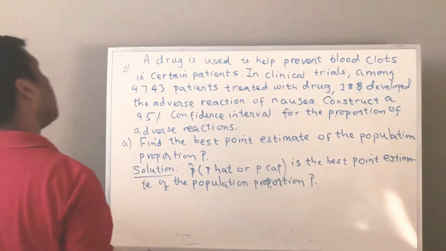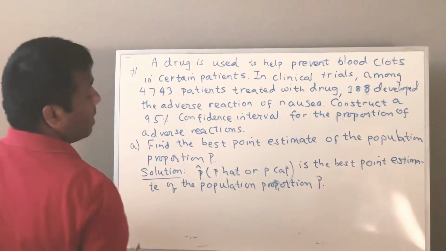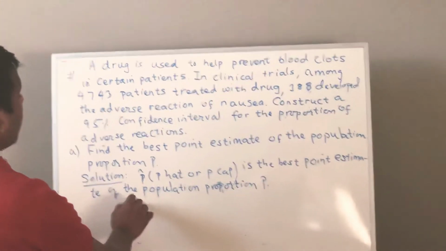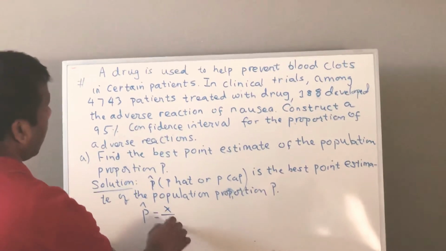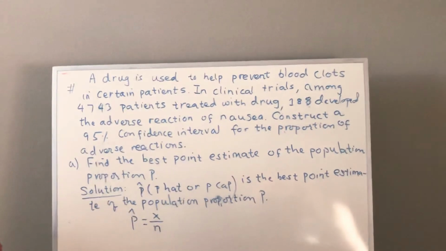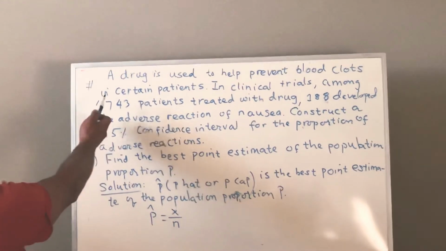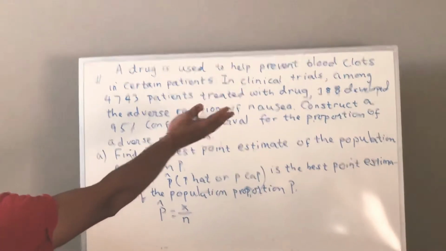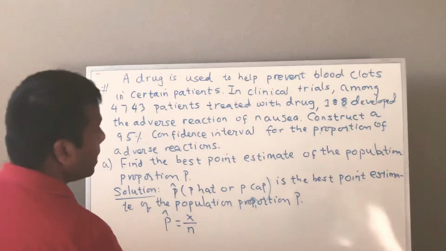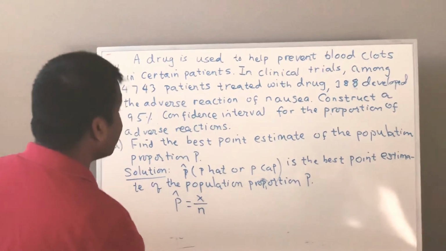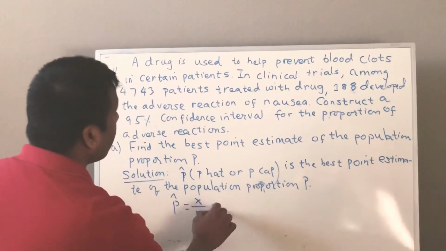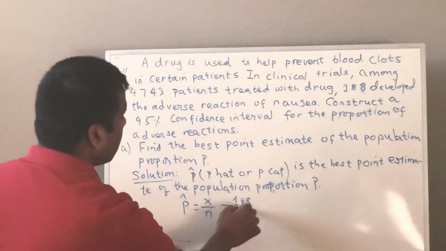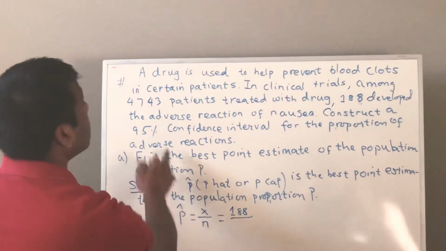Let me read that again. The P hat is the best point estimate of the population proportion P, and the formula to find P hat is X over N. Here N is 4,743, and 188 patients developed the adverse reaction of nausea, so X is 188.